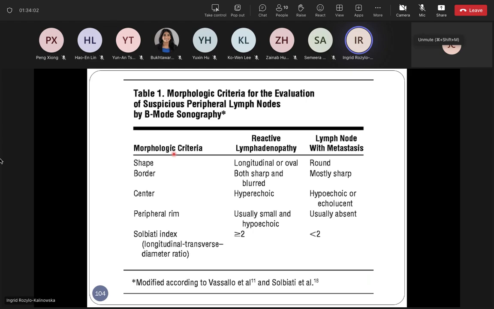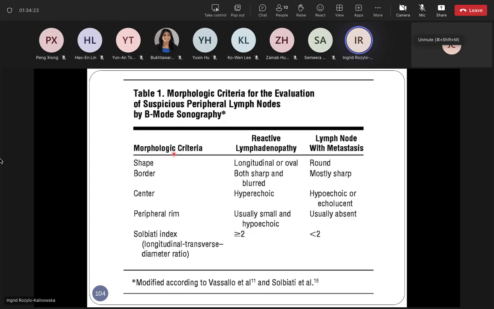The lymph nodes that are reactive, so enlarged because of inflammation, will usually be hypoechoic. In the case of metastatic lymph nodes, they can be hypoechoic, but they can also be echoic inside. They can also be heterogeneous.